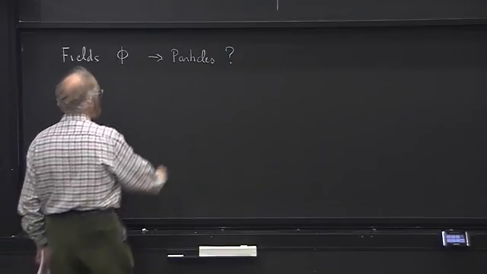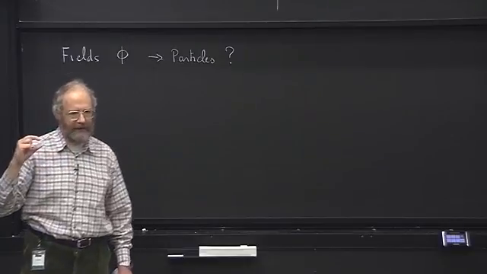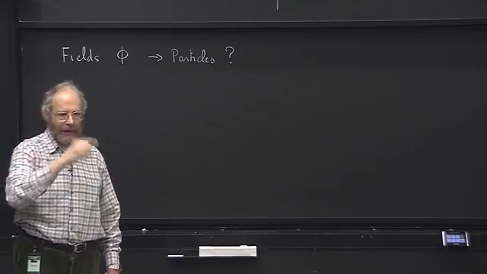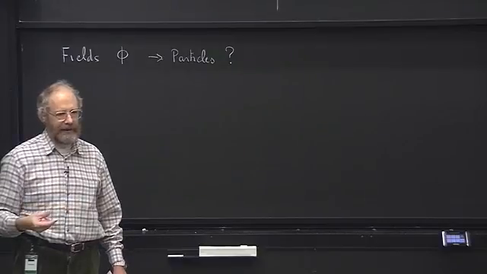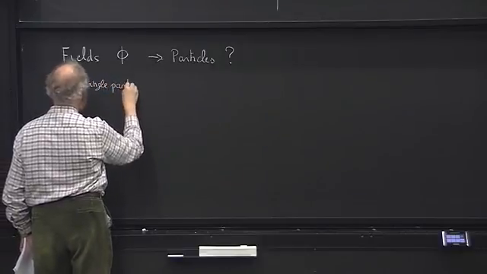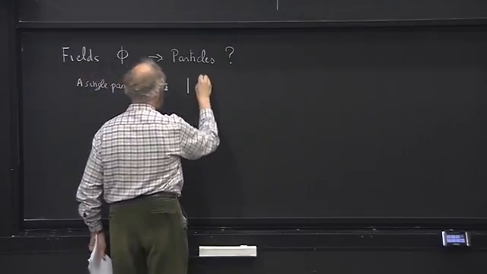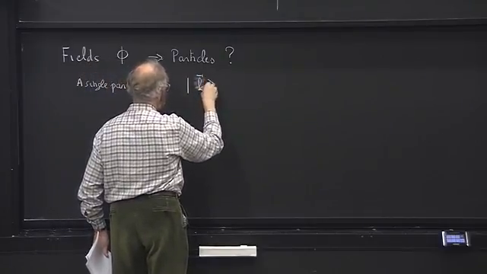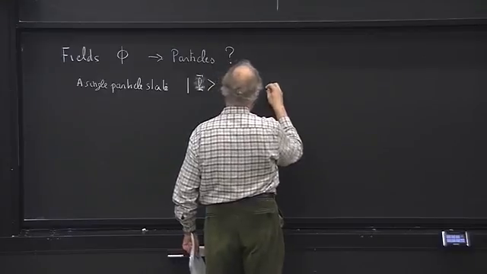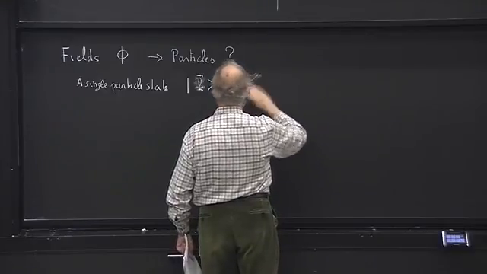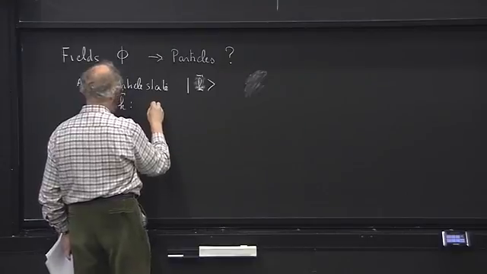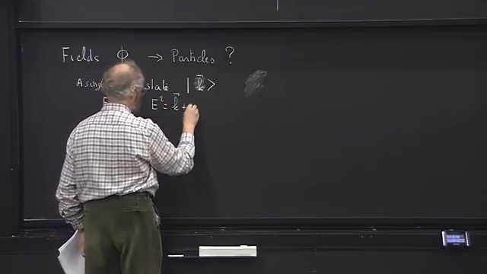Well, remember, a single particle in this theory is just the first excited state above the vacuum of the full Hamiltonian of our quantum field. So a single particle state, that you can write with momentum K, is characterized by an energy such that E squared equals K squared plus M squared.